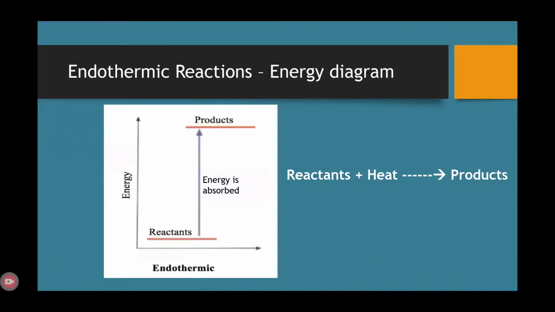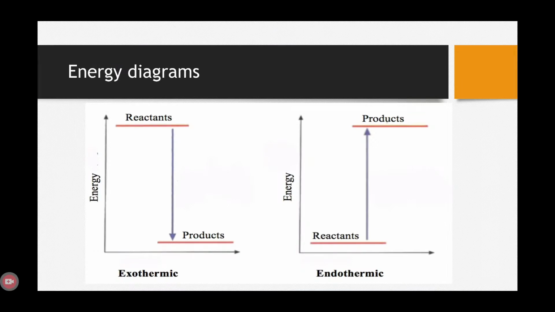You can create an energy diagram for every endothermic reaction if you know the reactants and products. Reactants plus heat, arrow, products. So this is the comparison between the energy diagrams of exothermic and endothermic reactions.